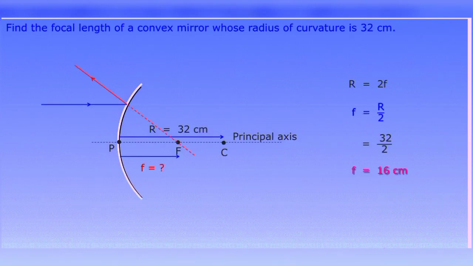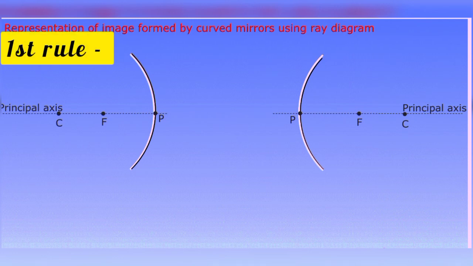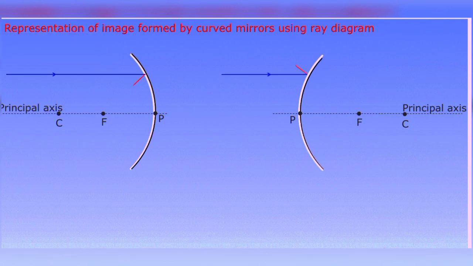The next topic is rules for obtaining images formed by spherical mirrors, or representation of image formed by curved mirror using ray diagrams. First rule is any incident ray of light traveling parallel to the principal axis passes or appears to pass through the principal focus of a spherical mirror after reflection.